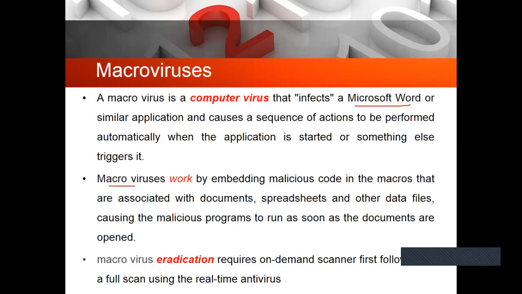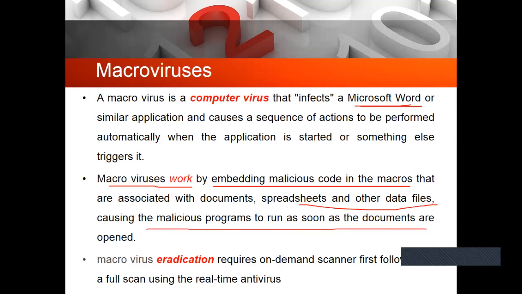Macro viruses work by embedding malicious code in macros of these particular documents, that is Microsoft Word and other Microsoft files like spreadsheets and other data files, causing the malicious programs to run as soon as the document is opened. Suppose I take Microsoft Word: once it has been affected by a macro virus and you open it, the macro virus gets activated.